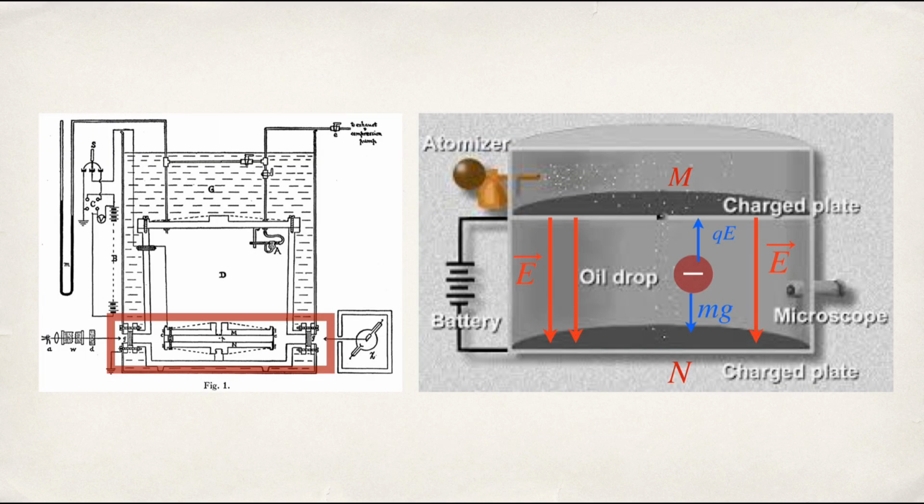Definitely we try to balance the gravitational force on the oil drop with the electrostatic force in the MN region, right? But in any case, take a closer look at the MN region. If you look on the right hand side, you see a tube with a spherical shape at the middle of the tube.